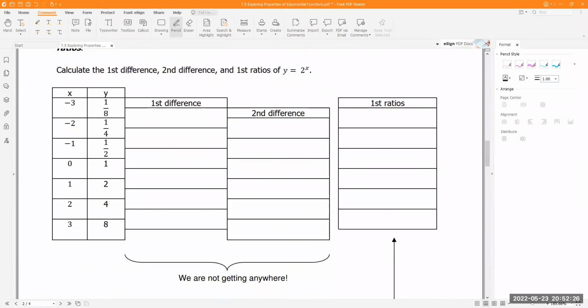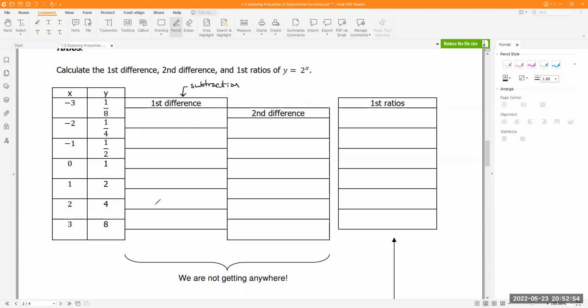You may remember from grade 9, grade 10, something called first difference and second difference. Essentially, we are doing a difference, in other words, a subtraction. And what that helps us do is identify whether something is linear, so first difference, or quadratic, second difference, or so forth.